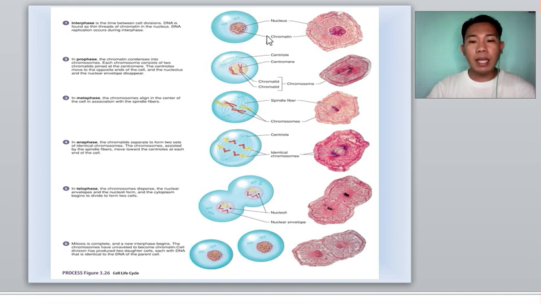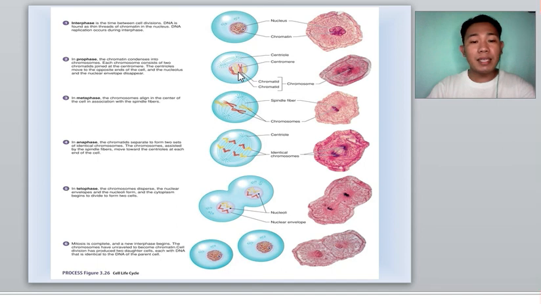So in the interphase stage, it is the time between the cell divisions, and the DNA is found as thin threads of chromatin in the nucleus of the cell. So the DNA replication occurs during the interphase. Next stage is the prophase stage.